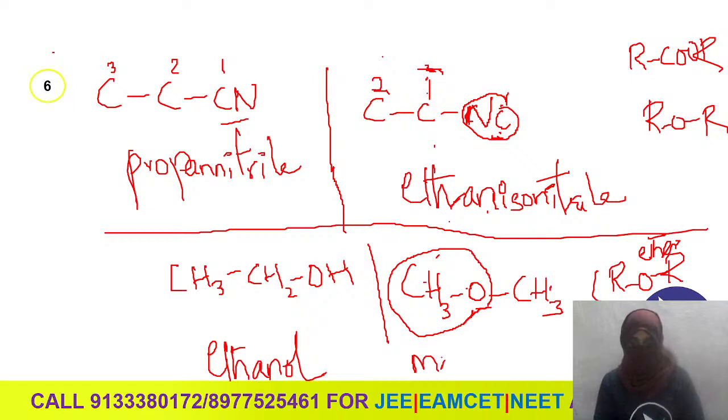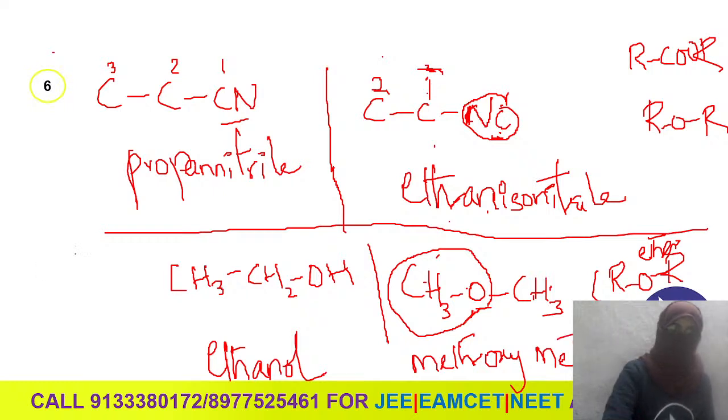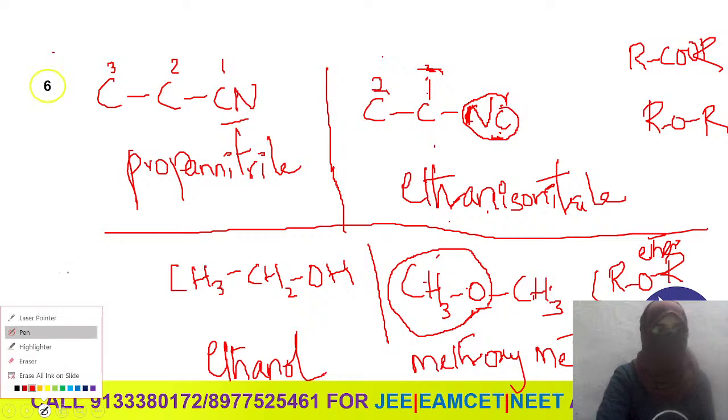Hence I am writing this as methoxy, and this in the form of methane. This is the name of the ether. Let us practice more for ethers, because ether is somewhat different from the others.